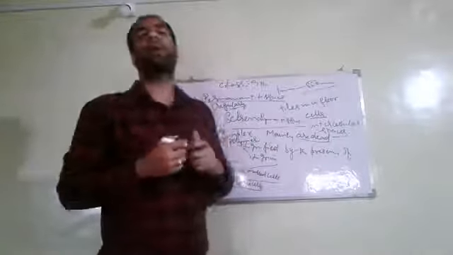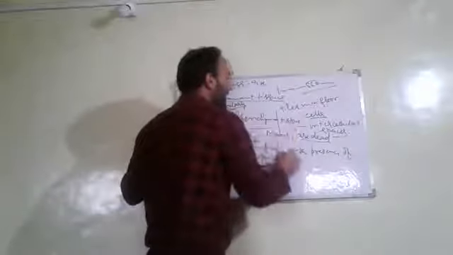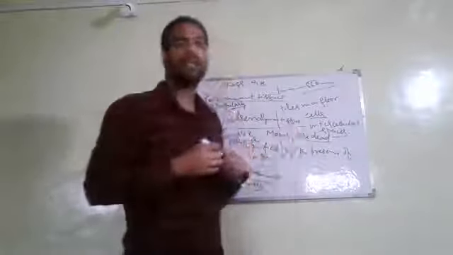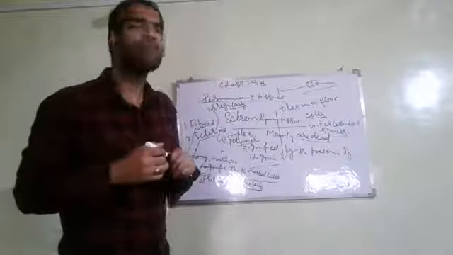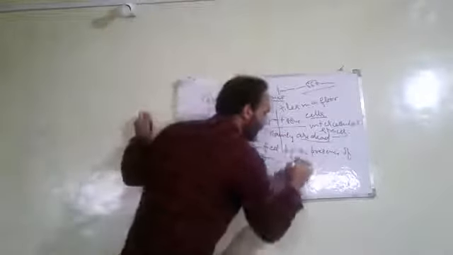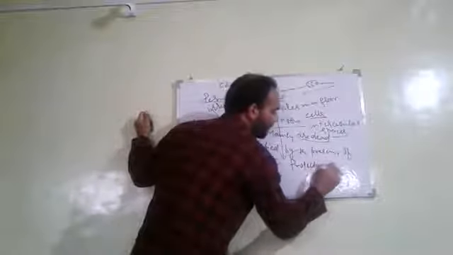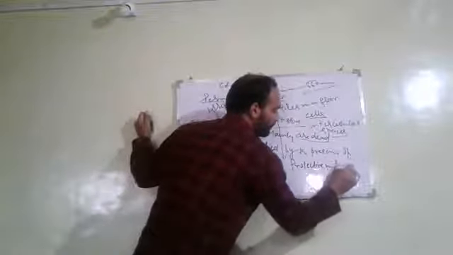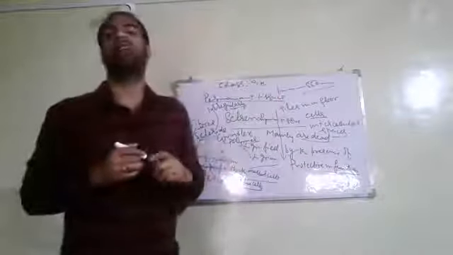Now, what is the main function of sclerenchyma tissue, or sclerenchyma cells? As you know, these cells are heavily lignified by the presence of lignin. So the function of sclerenchyma is mainly protective, or we can say mechanical.